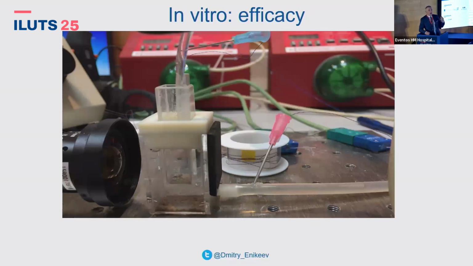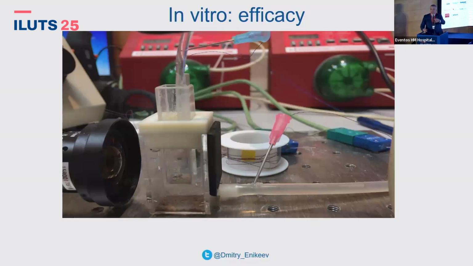To be sure how it works, to check it, we did several very important experiments, and we invited Olivier to do them together. I will very quickly try to explain how it works. For example, to assess the efficacy of lithotripsy, we invite physicists and experts, sit together and think about the setup.